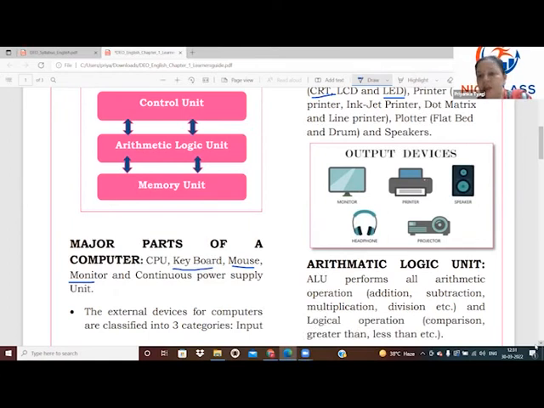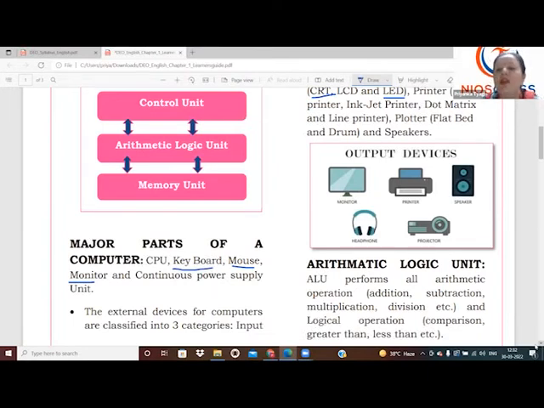Flatbed plotters are basically table size plotters. Drum plotters are usually just like a printer, but size wise they are bigger as compared to a normal printer. Secondly, they have a drum like internal system which directly touches the paper, and they print the text in a very systematic format.